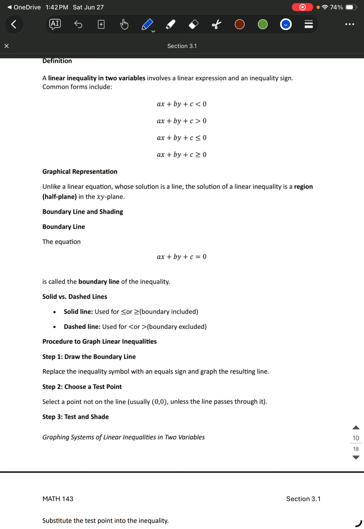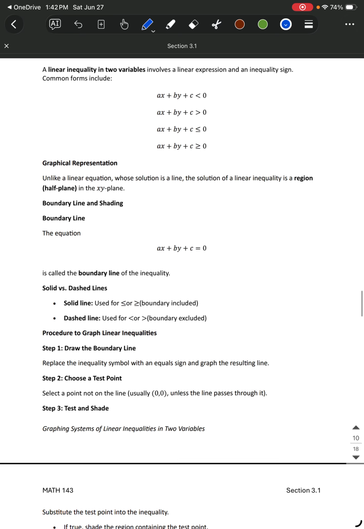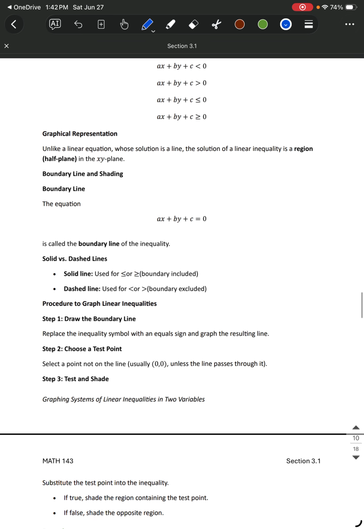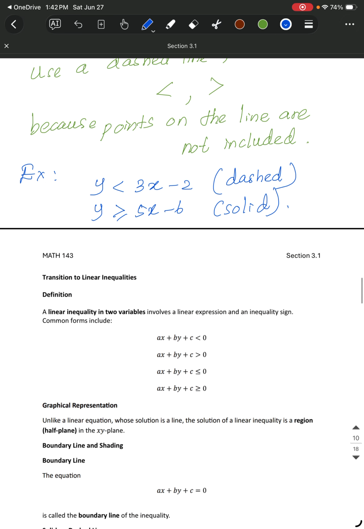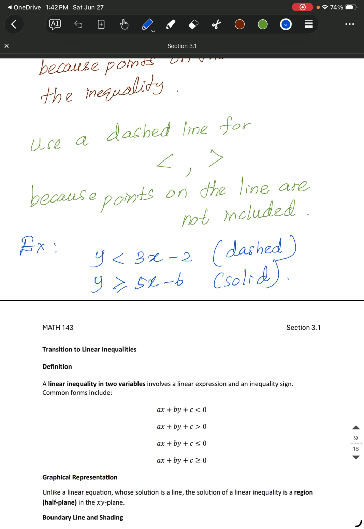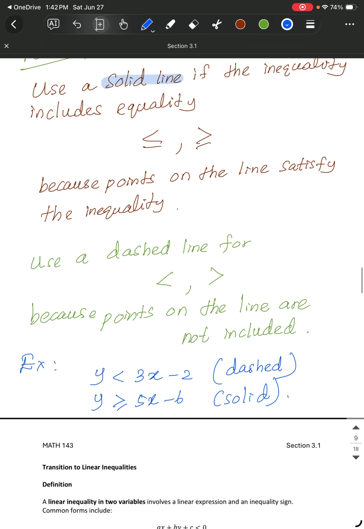Next. Now we know how to draw the boundary line and find out the solid or dashed lines. The next step: choose a test point.